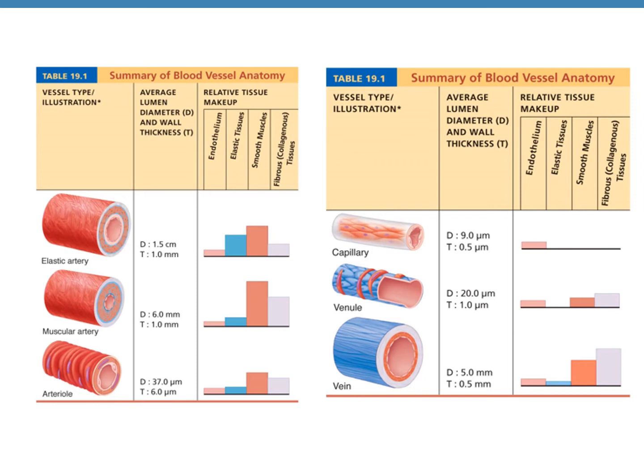Just make sure you understand that different arteries, when we're talking about elastic artery or muscular artery, or arterioles, or when we're talking about large veins or small venules, they have different proportions of endothelium, elastic tissue, smooth muscle, and fibrous tissue.